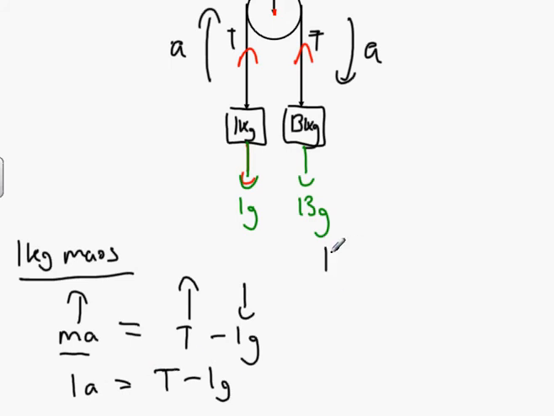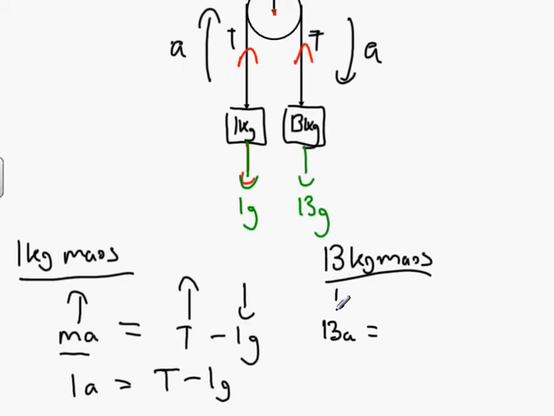Now for the 13 kilogram mass, it's the opposite. MA, which is going to be 13A because it weighs 13 kilograms. For the acceleration of the 13 kilogram mass, up or down? Down.